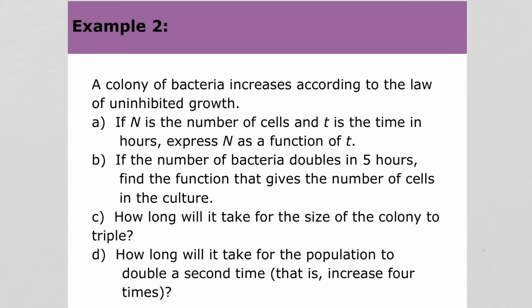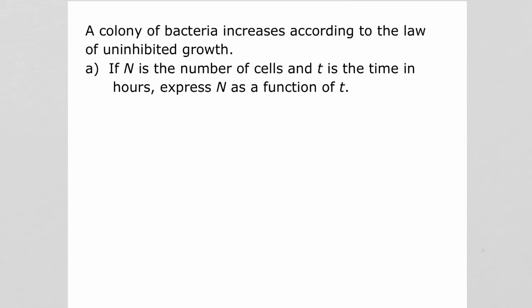Okay, on to example 2. A colony of bacteria increases according to the law of uninhibited growth, which is basically saying that there is no limit to the growth. If N is the number of cells and t is the time in hours, express N as a function of t.